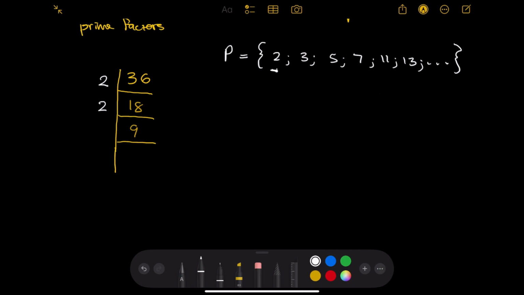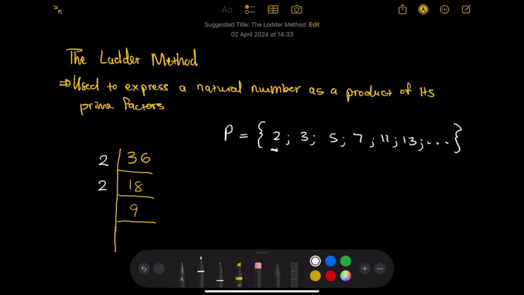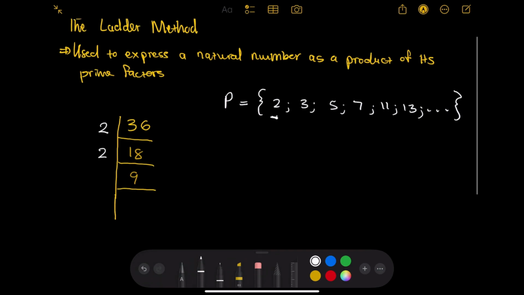Then can 9 be divided by 2 without leaving a remainder? No, 2 is not a factor of 9. Then I go to the next prime number, which would be 3, right?